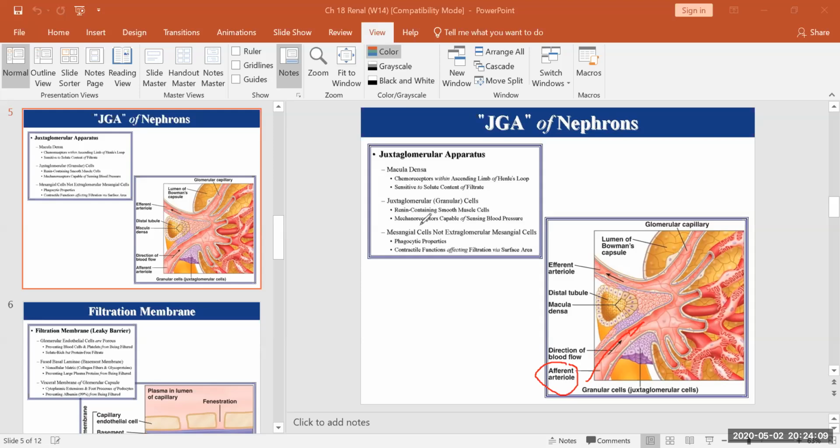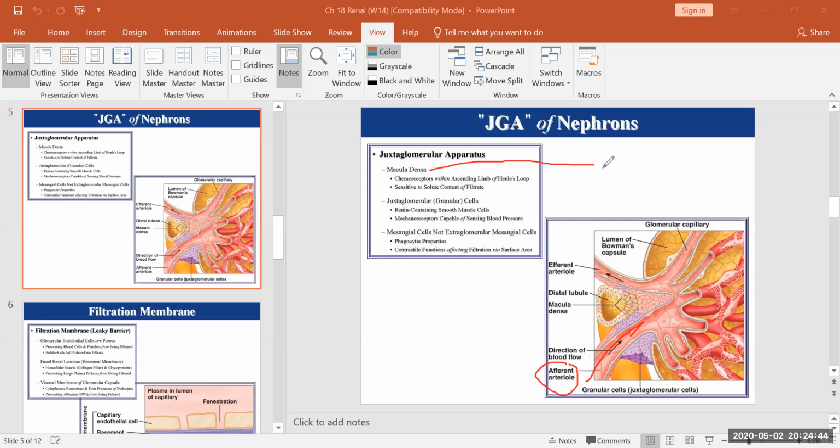So one of the cells is called the macula densa. These are simple columnar epithelial cells, so they look column shaped, and they are in the wall of the ascending limb of the loop of Henle, or, depending on the medical textbook, because it's a gray zone with no defined boundary, the distal convoluted tubule.